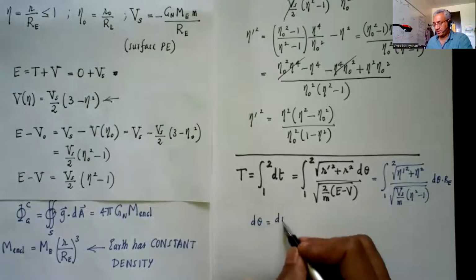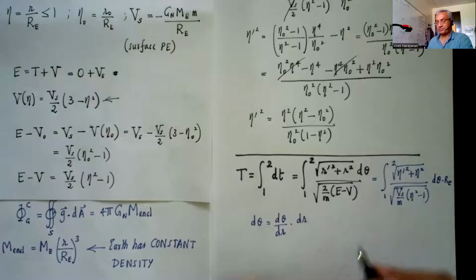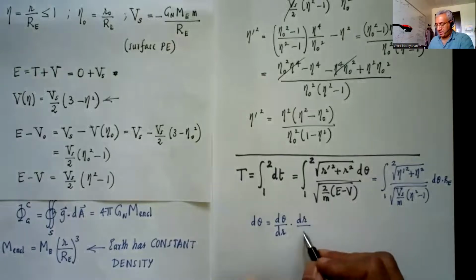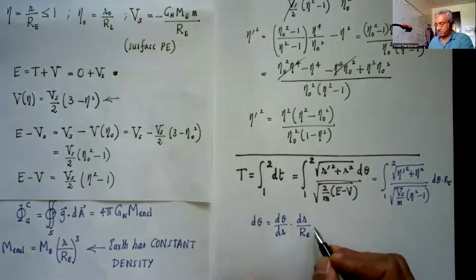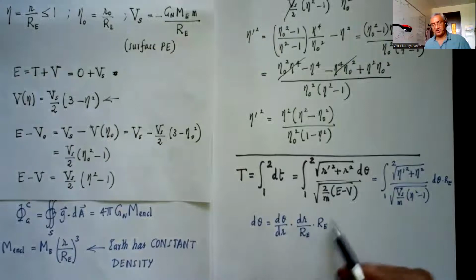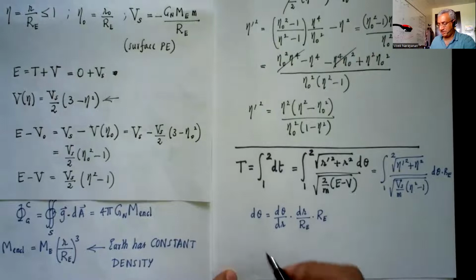I'm going to write this as d theta by dr times dr. There's nothing that keeps me from doing that. I can always do that. And just to make sure I get my eta factors, I'm going to write this as that. So nothing illegal. I can cancel the drs, I can cancel the r sub e, and get d theta equals d theta. So that's just my peculiar way of writing d theta.